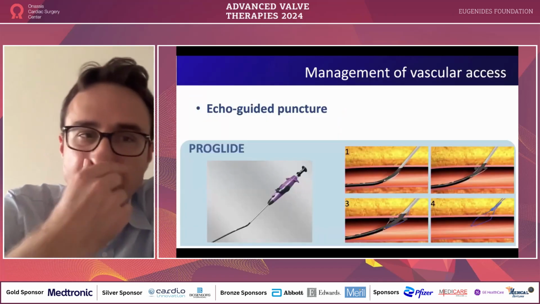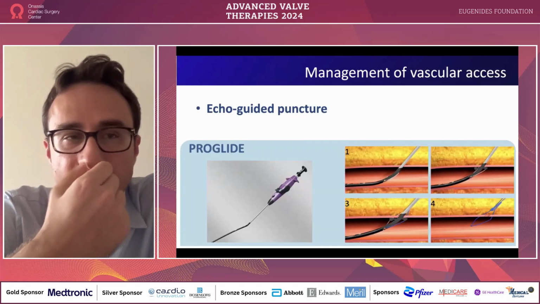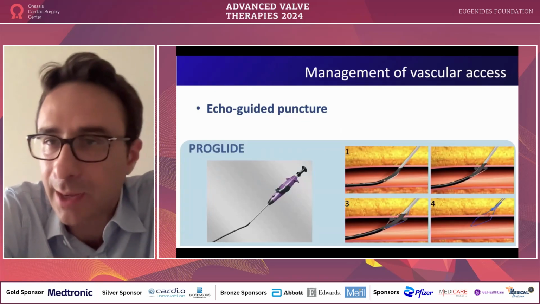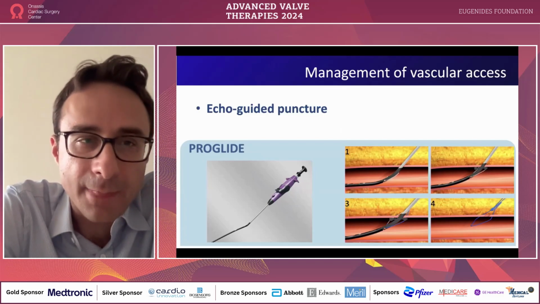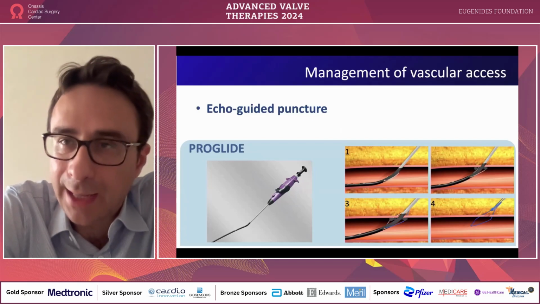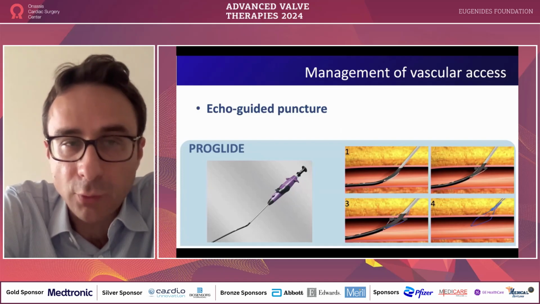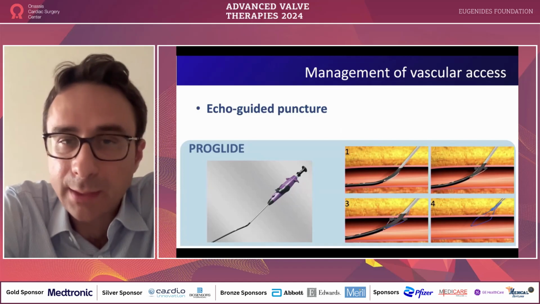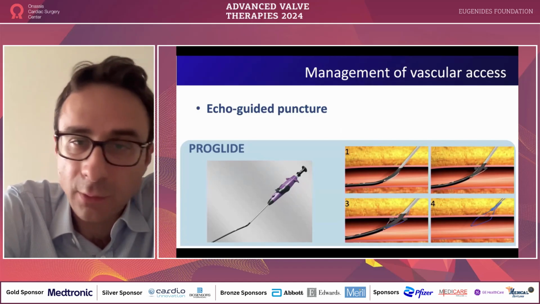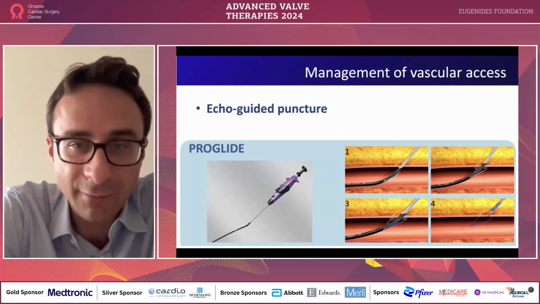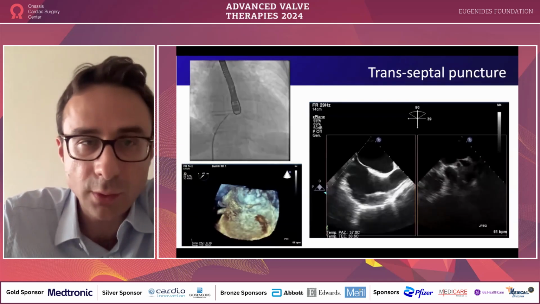Coming back to the step-by-step procedure, I always prefer to perform an echo-guided puncture. I also prefer to utilize a single ProGlide, like I do with all transfemoral venous approach procedures, being ready to administer half of the dosage of heparin soon after the positioning of the preclosure.